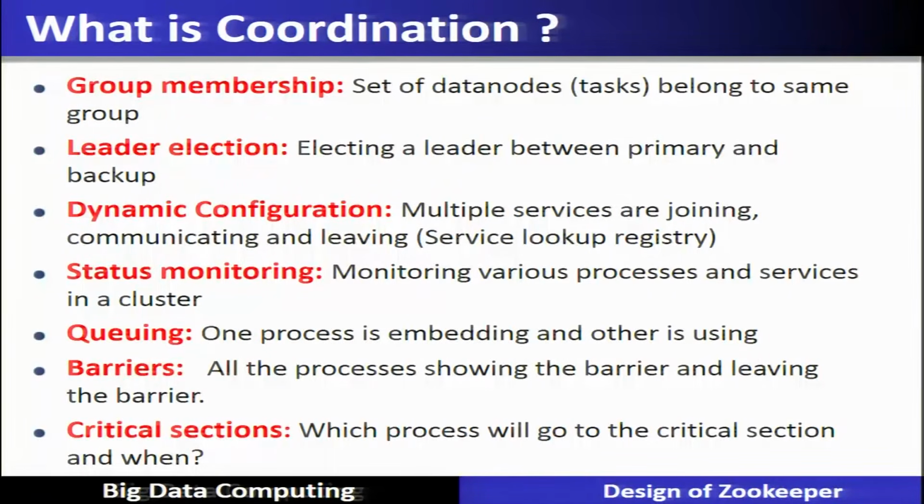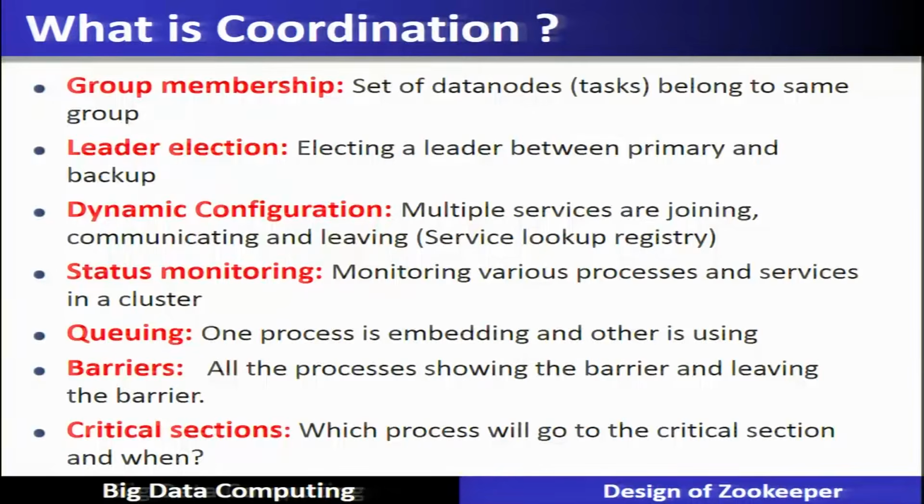So, again, what is coordination? It is about group membership, that is, the set of tasks on the data node belonging to the same group. Electing a leader between the primary and the replicas is also a coordination service.